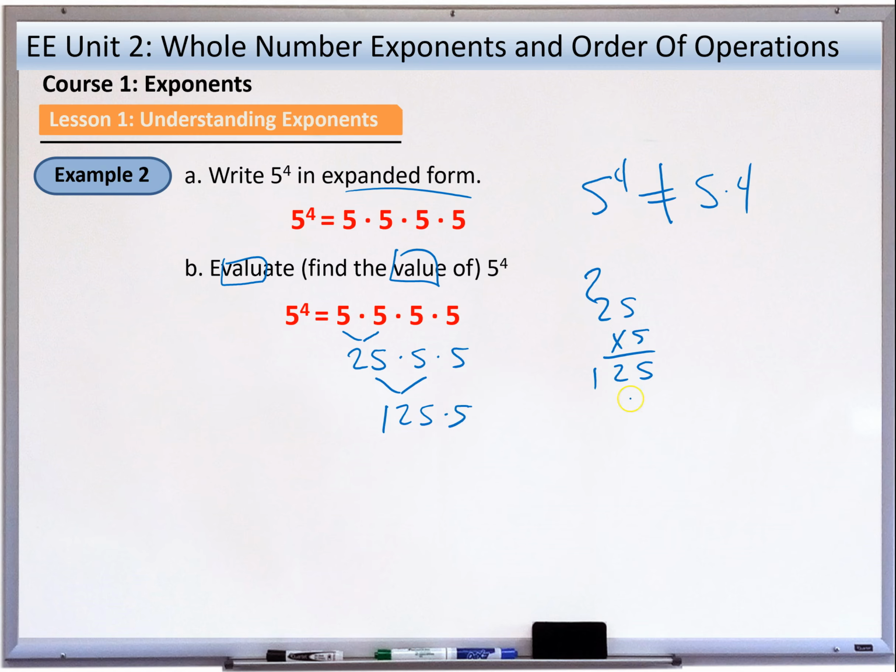Now I'm going to take 125 and multiply that by 5. 625. So 5 to the power of 4 is equal to 625, not 20. Big difference.